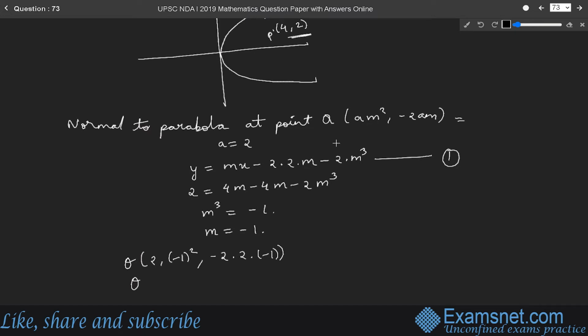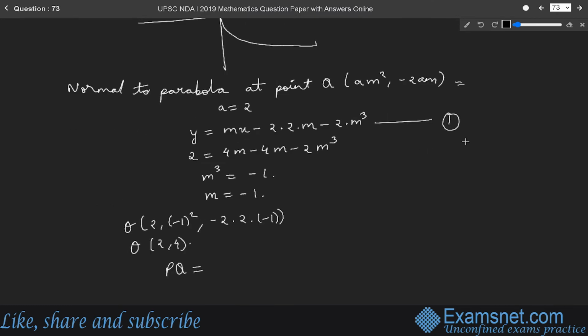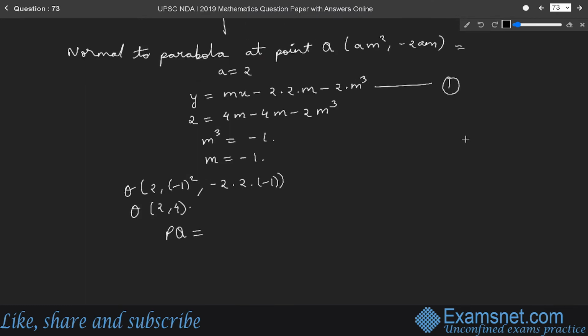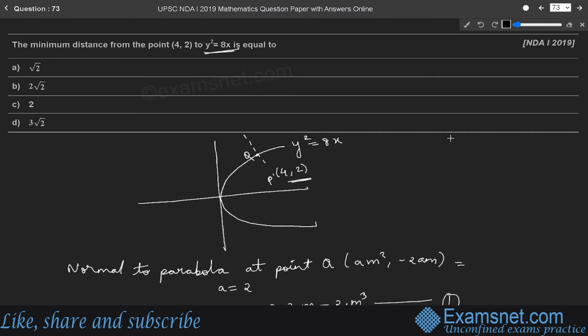So we can say that the point is 2 comma 4. Therefore, PQ, which is the imaginary line in our diagram, will be equals to 2 into root 2. So the correct answer for this question is 2 root 2. Therefore, option number B is correct for this question.